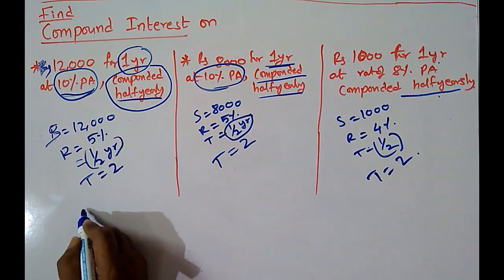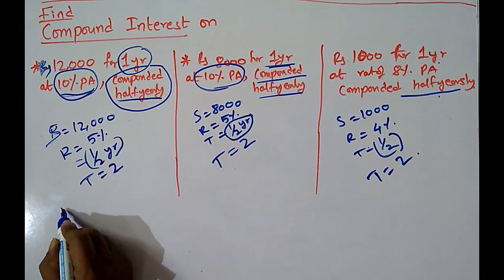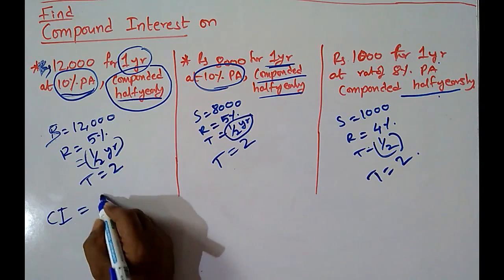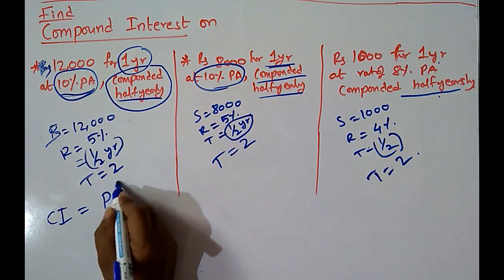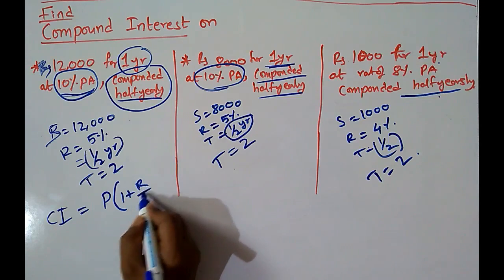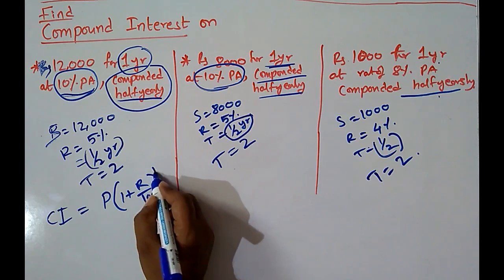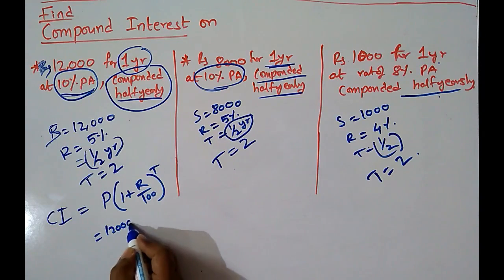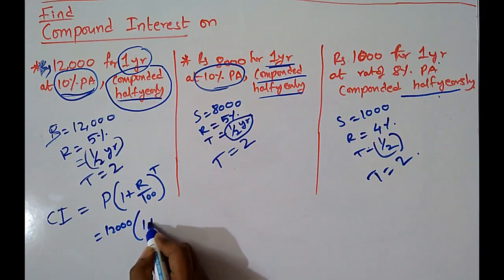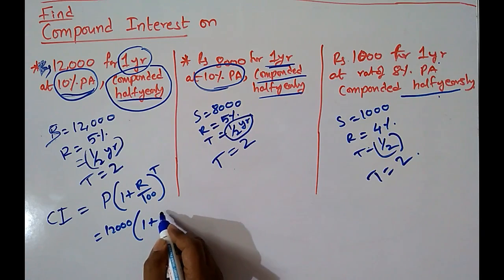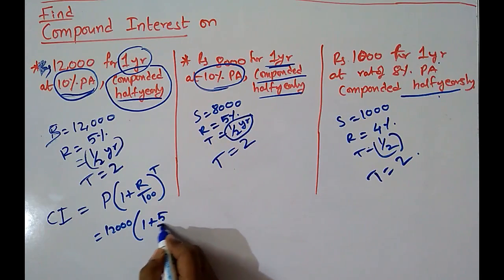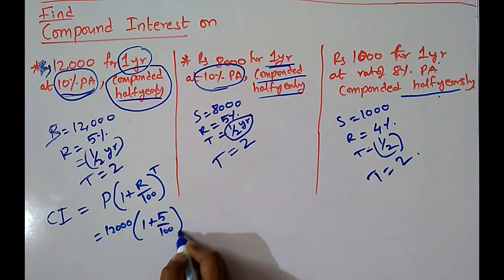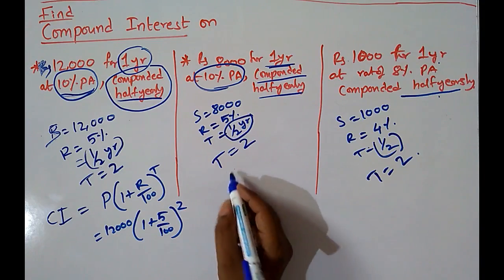So anyhow the formula is compound amount, that is A, is given by P into 1 plus r by 100 whole power t, that is 12,000 into 1 plus r, that is 5%, divided by 100, power 2.